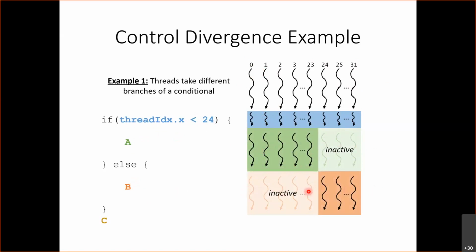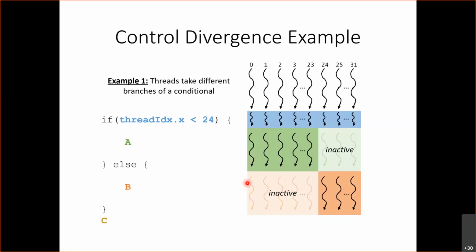And remember that when I execute this instruction for all threads, that means that these cores are reserved for those threads. So these threads that are inactive are actually reserving these cores, but they're not doing anything. I can't use the cores for anything else, because all the cores execute the same instruction. So all these cores either execute the same instruction or they do nothing.